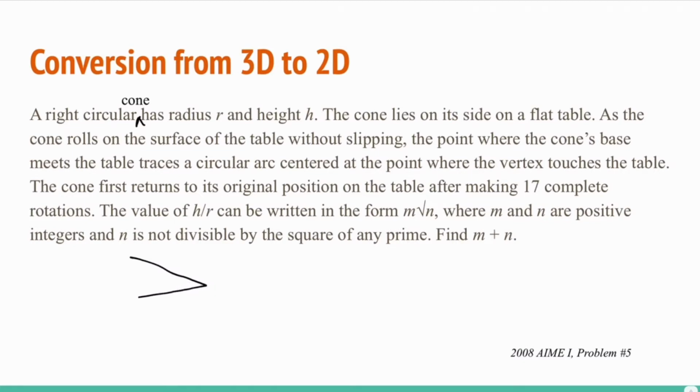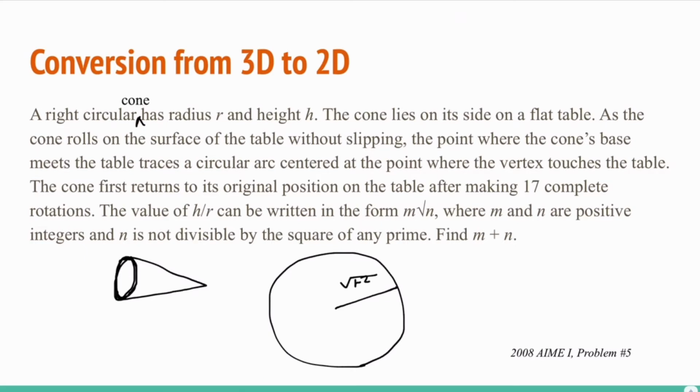So to start this, let's draw a diagram. This is the cone on its side, and this is its circular base. And this circular base rotates 17 times before it gets back to its original position. But what do we actually want in this diagram? We want the circle that is drawn out. And that is just a circle with radius square root of r squared plus h squared.